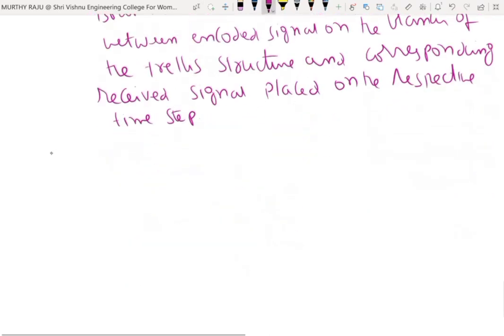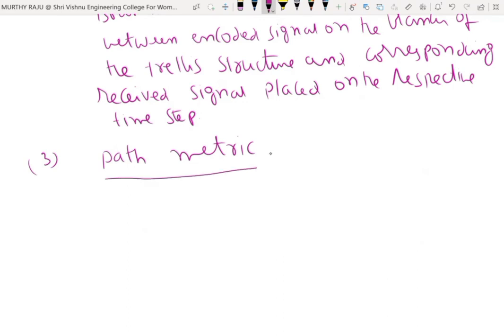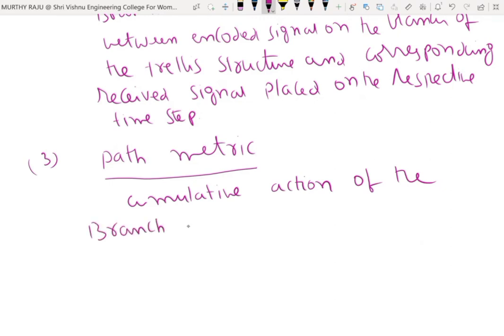Next, the third one is path metric. Path metric is nothing but the cumulative addition of the branch metric.